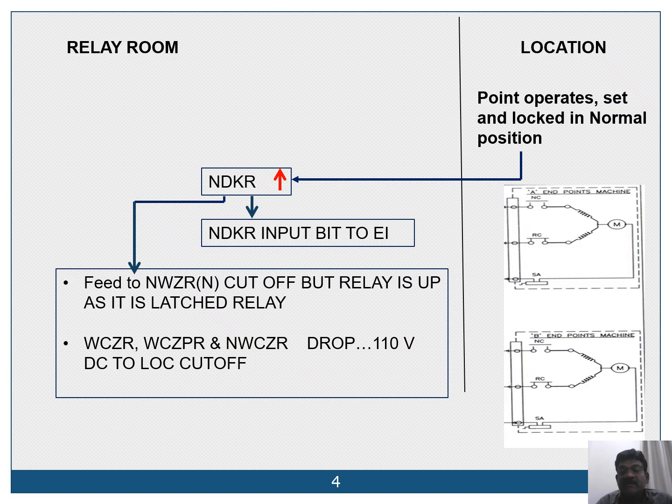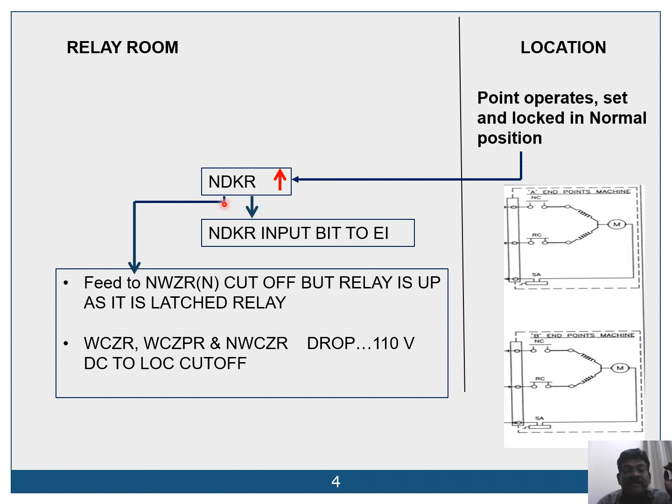Going further, the point is operated in the location. Point operates, set and locked in normal position. So once the point is set and locked in the normal position after operation, input will be coming from location to pick up a relay NDKR. Once this NDKR relay is picked up, NDKR input bit is given to the electronic interlocking system.